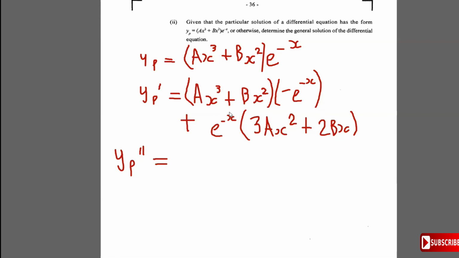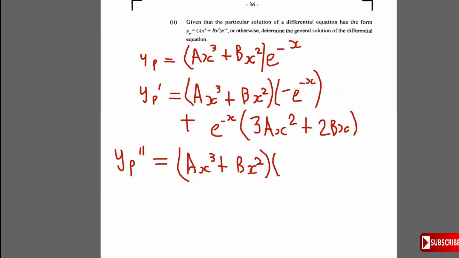To find yp double prime now, we're going to differentiate yp prime. And so we keep the first. So we're going to get ax cubed plus bx squared. Keep the first, then we differentiate the second.